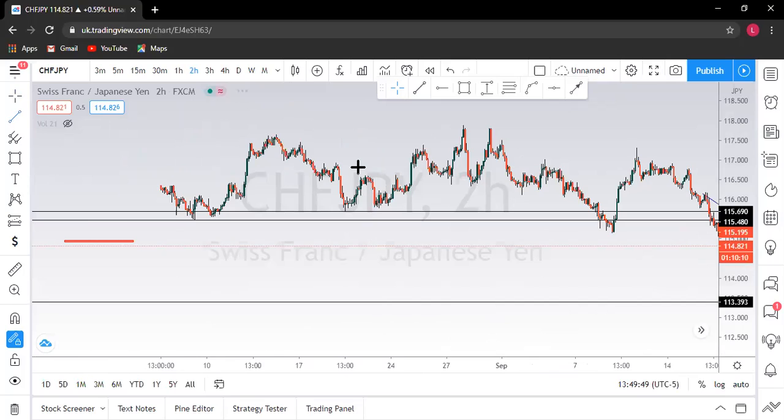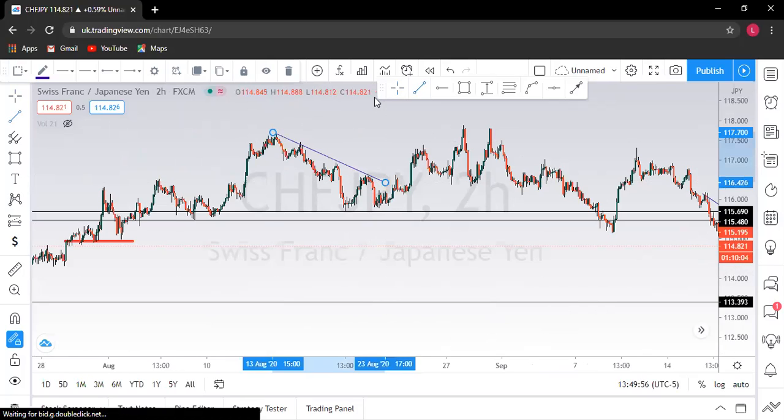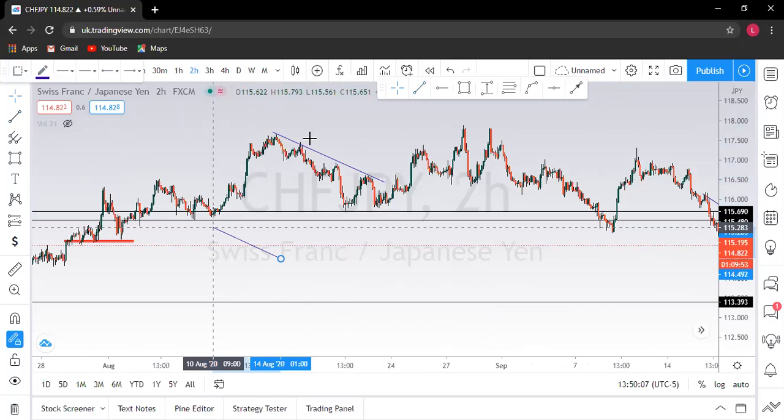Look at this. This shows that we are on a downward trend.